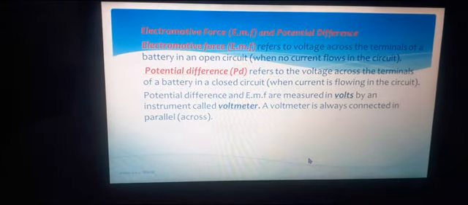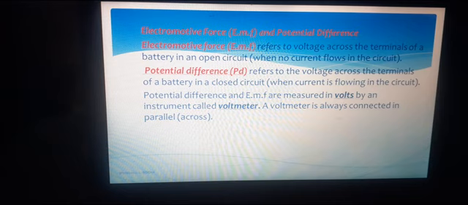We move to electromotive force, EMF, and the potential difference. What is the difference between EMF and the potential difference? Electromotive force refers to the voltage across the terminals of a battery in an open circuit.